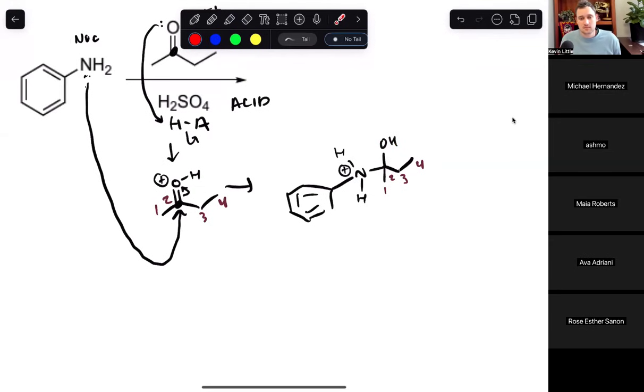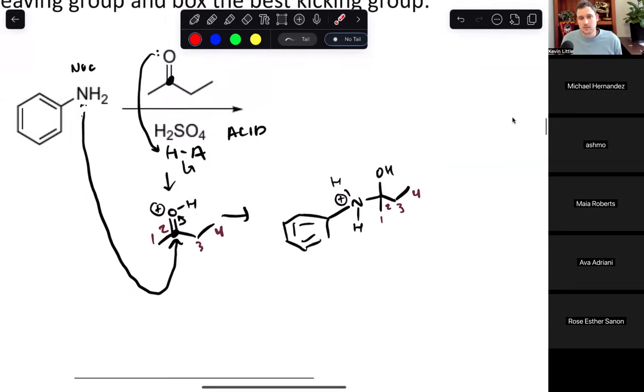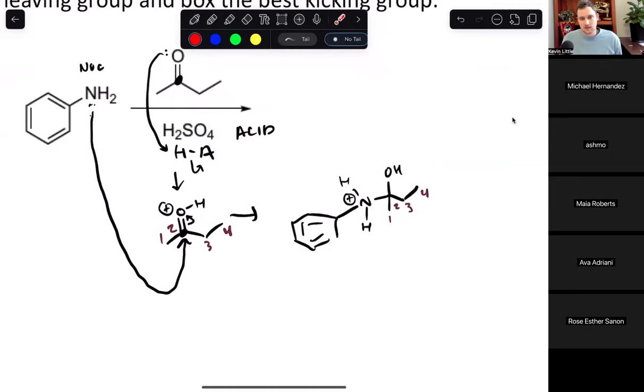It's neutral. So where people are going to lose points here is usually one of those three problems: they'll either add to the wrong spot on the electrophile or they'll drop a carbon or a charge. So don't let that be you. Don't lose easy points on easy things. Double check yourself. You should have time to do everything.